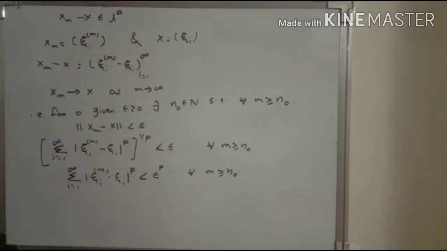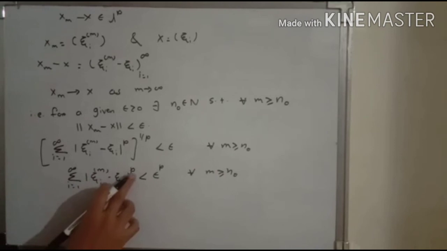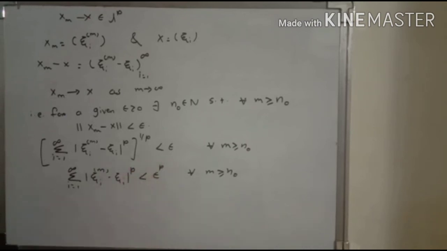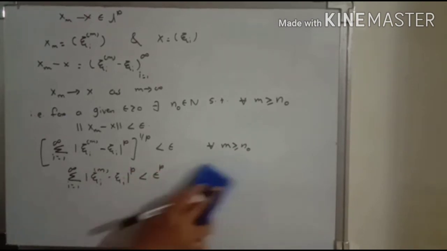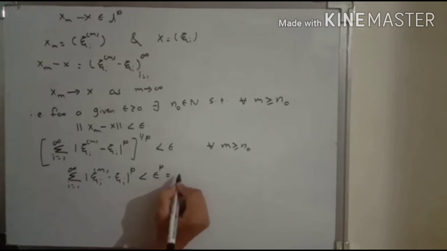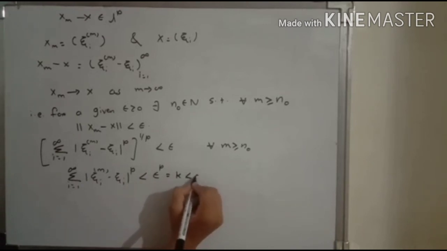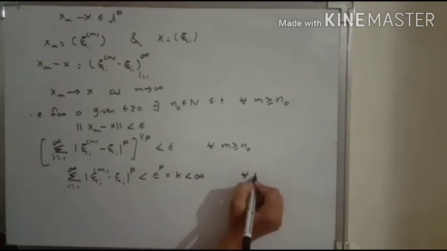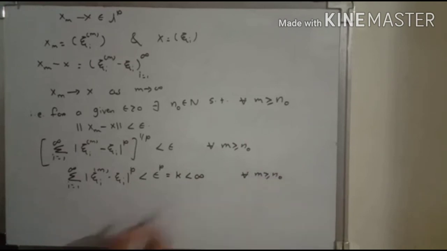Now this sum is lesser than epsilon to the power p, and epsilon to the power p, if we write it down, is equals to k, and then this k is lesser than infinity for all m greater than or equals to n naught.